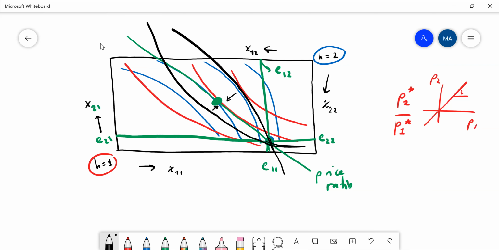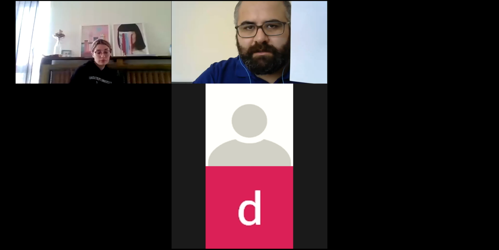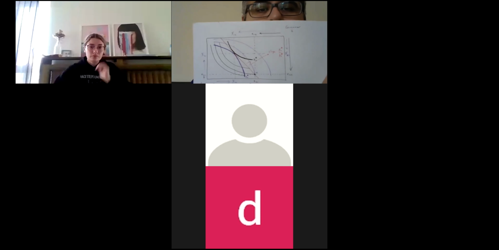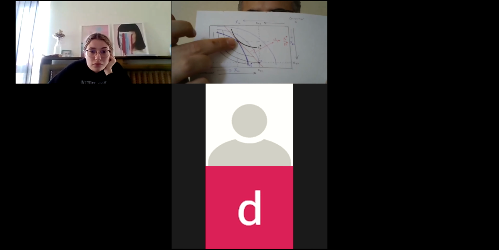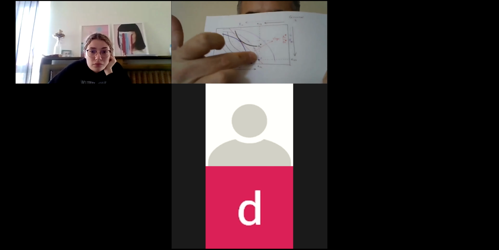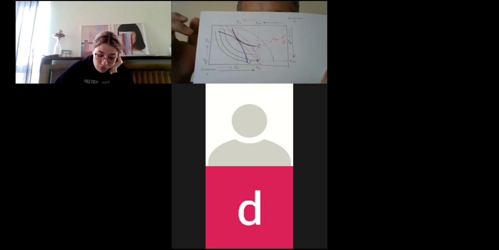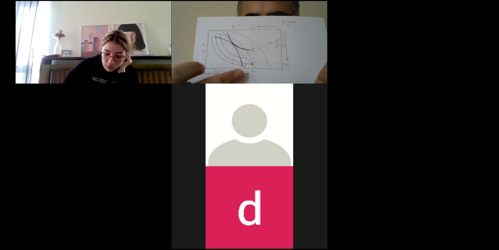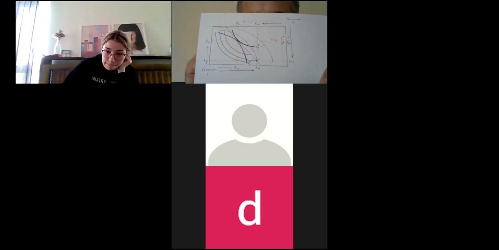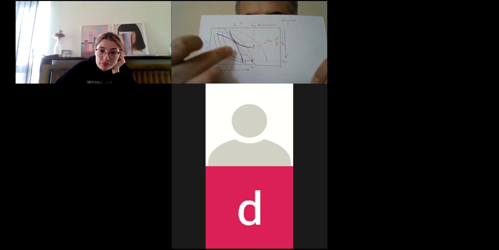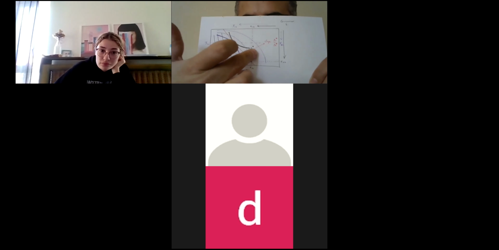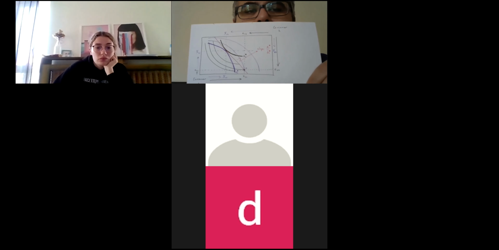Maybe I can do this. It could be a better idea because I couldn't draw this very well. So let me stop sharing my screen and look at my cam. Right? So there is this equilibrium right here. There's this price ratio. So utility is maximized for both consumers, and compared with the utility obtained by initial endowments, the equilibrium values are larger.